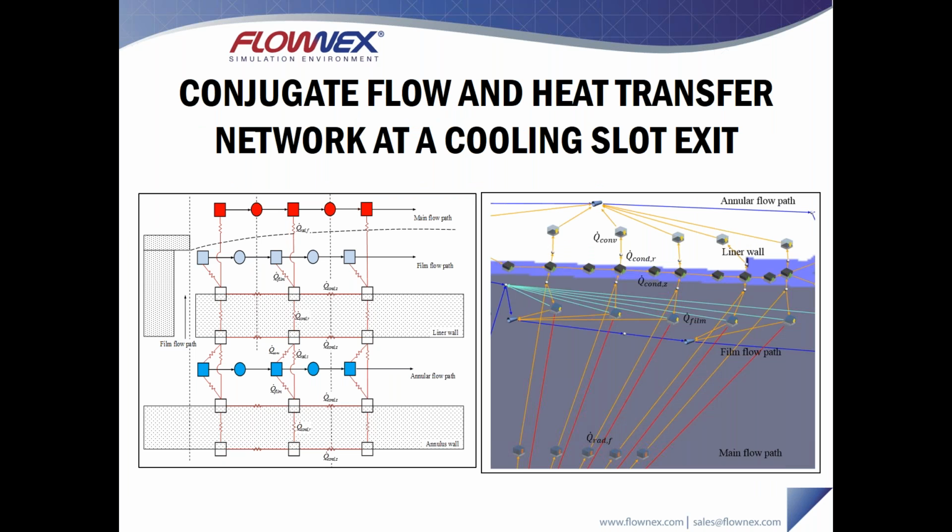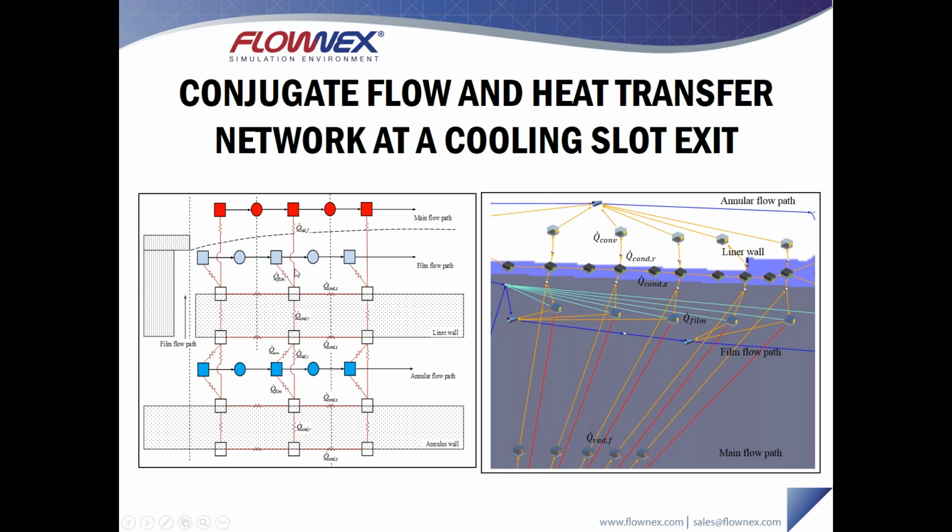So basically what we ultimately ended up doing was creating a complete conjugate flow and heat transfer model of that E cubed, or E3, combustor, and we can look at it to give you a closer look at what it looks like, just at one of these cooling slots.